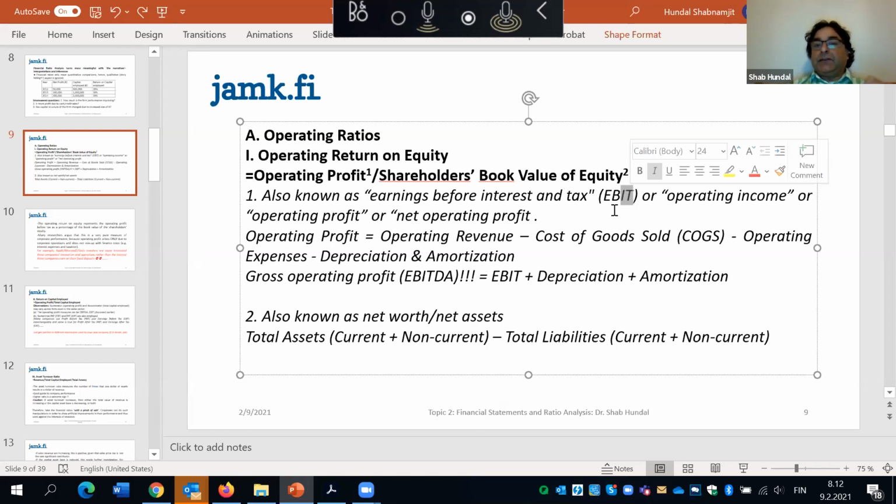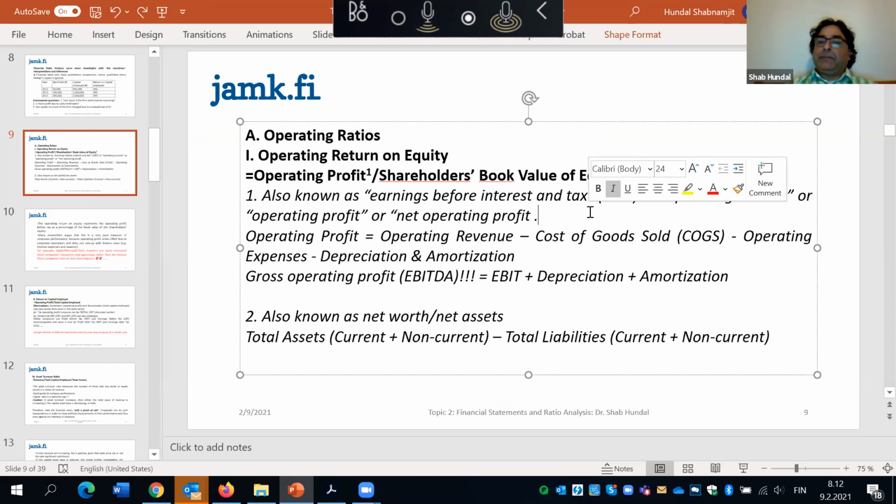Name a company: Pepsi pays interest and tax. Lufthansa pays interest and tax. Nokia pays interest and tax. But should we include interest and tax when watching the company's performance?